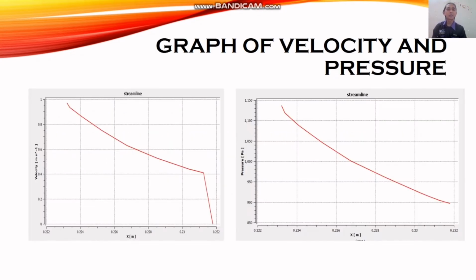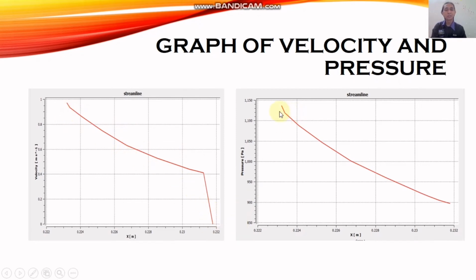Okay, this is the graph of velocity and pressure. On the left is the graph of velocity, and on the right side is the graph of pressure. In velocity, we can see that when the air enters the desiccant, it immediately trends down from the start until the end.